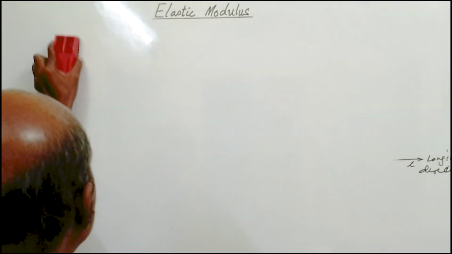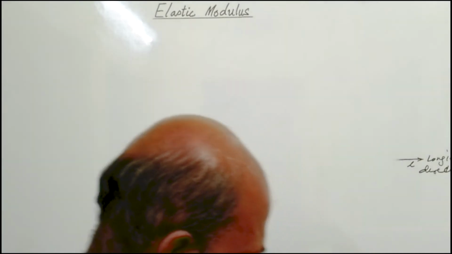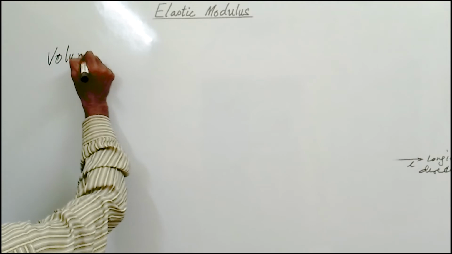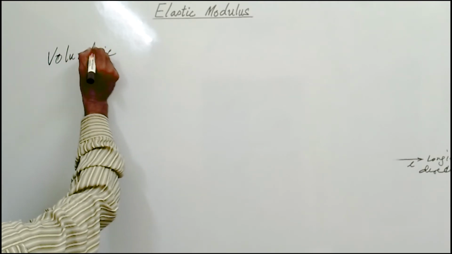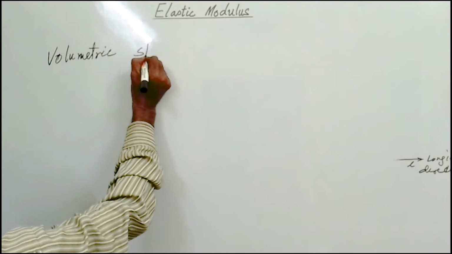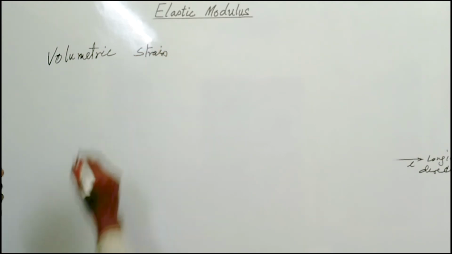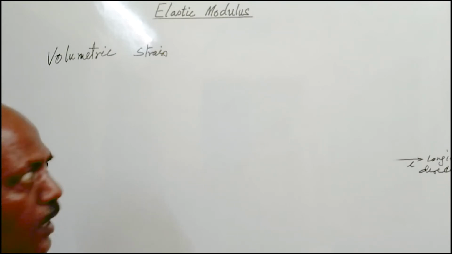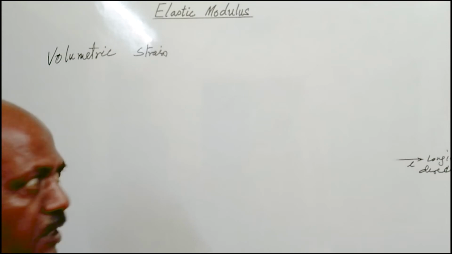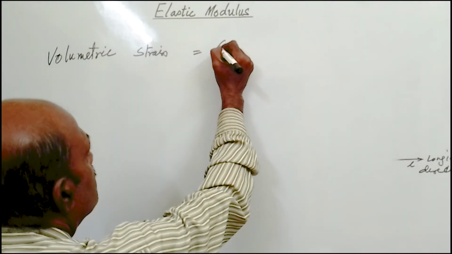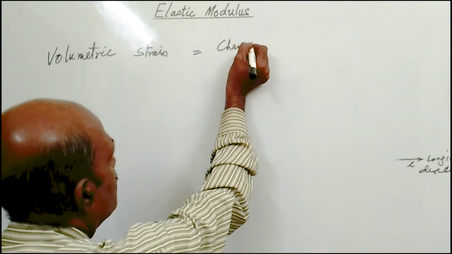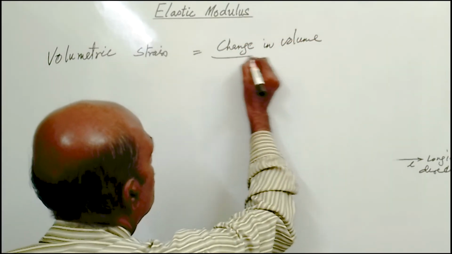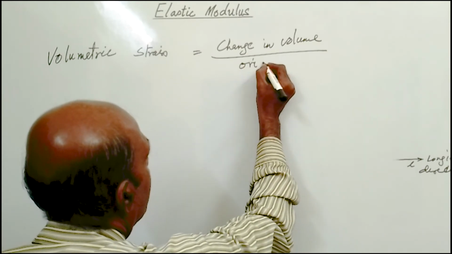Now we'll see the volumetric strain. While defining bulk modulus, we have studied what is called volumetric strain, which is equal to the change in volume to the original volume.